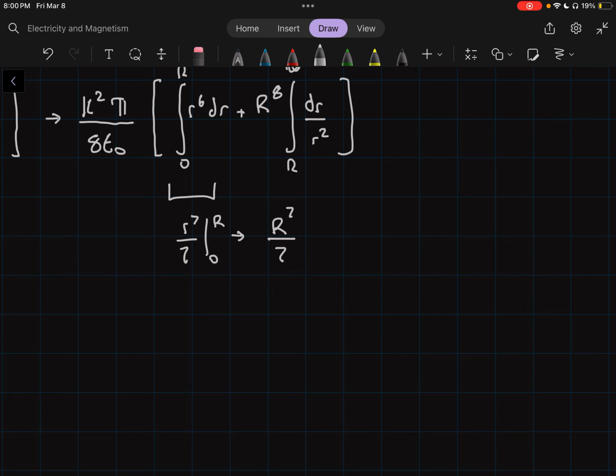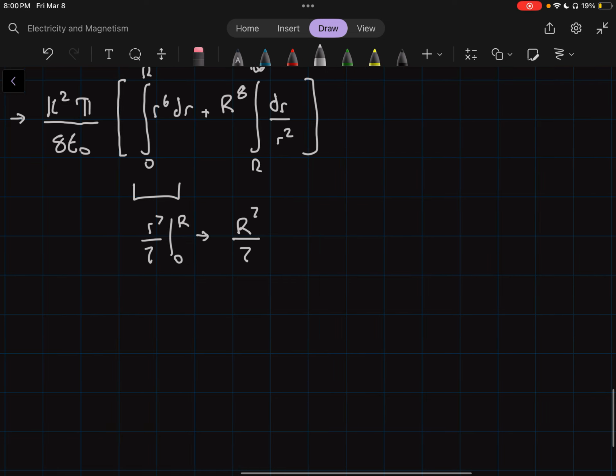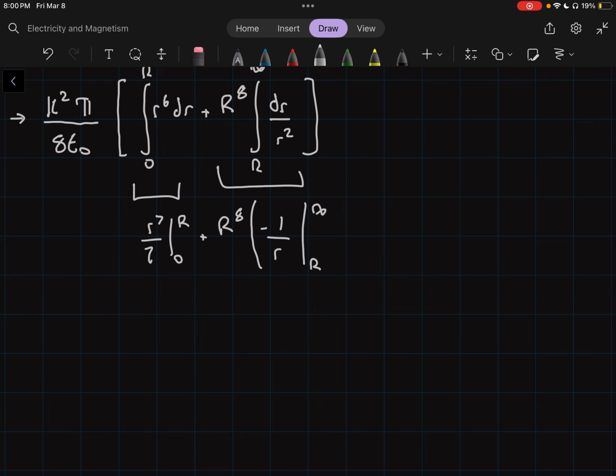Now, the second one is going to give us, actually here, let me write it out like this. The second one is going to give us big R to the 8th times minus 1 over r, which is the integral of 1 over r squared, evaluated from big R to infinity.